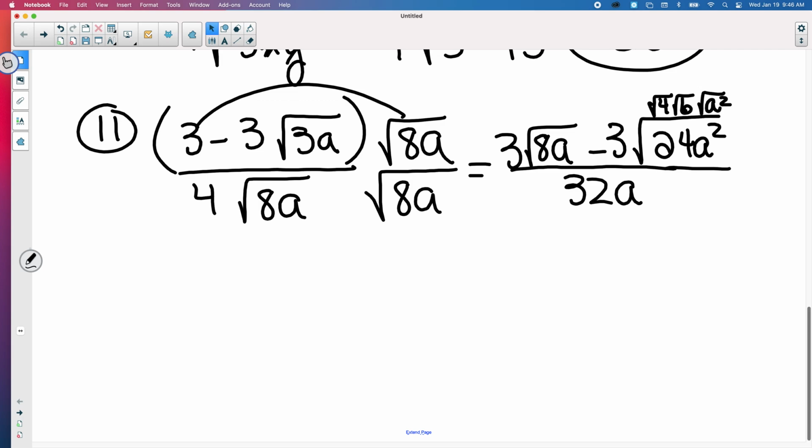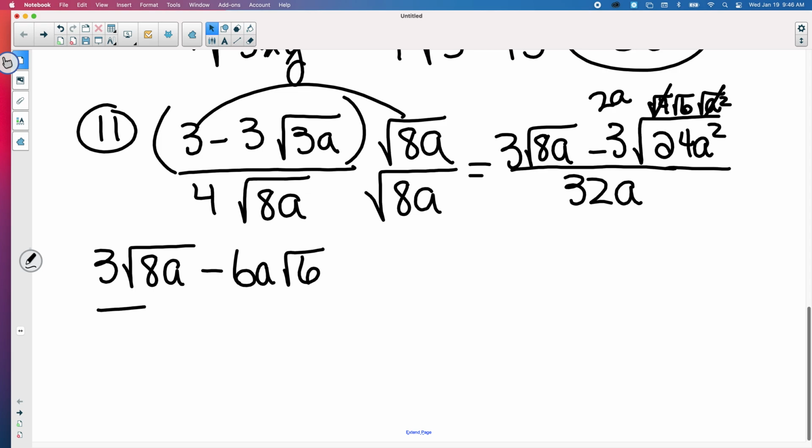Alright, so I can take the square root of the 4 and the a squared, so a 2a would come out of the radical. So I have 3 radical 8a minus what? 6a radical 6. All over 32a.